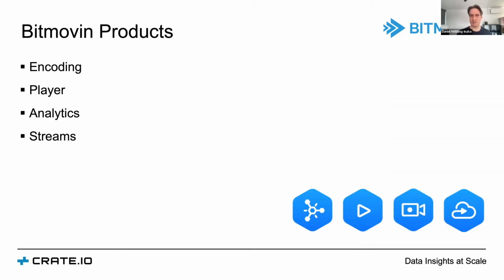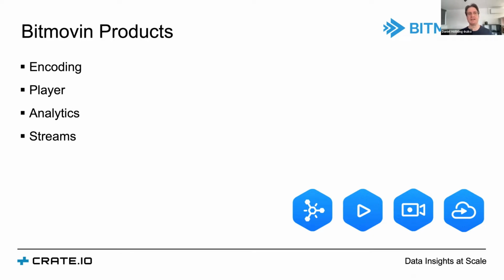And then the fourth product, which is something that I'm really excited about, as we just released it a month ago, and actually I think the press release went out yesterday, is Bitmovin Streams, which is the combination of these three in a very easy to use solution. Before, you had to wire these products together yourself, and we always expected our customers to have infrastructure where they host these things, and when you transcode things, you put it in your own cloud, in your own buckets, and you host the player.